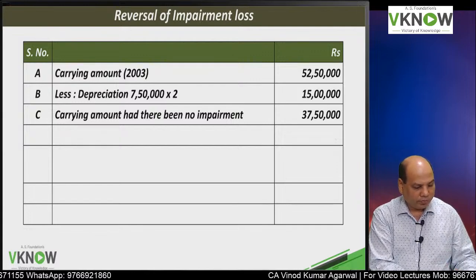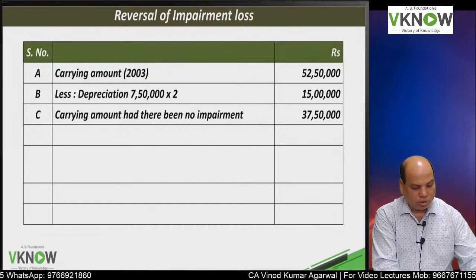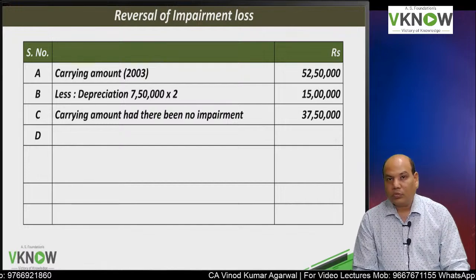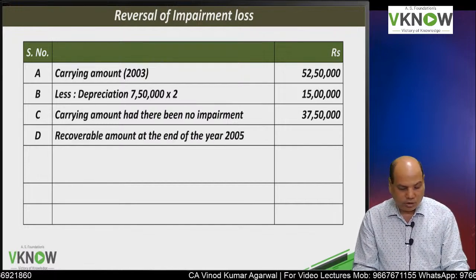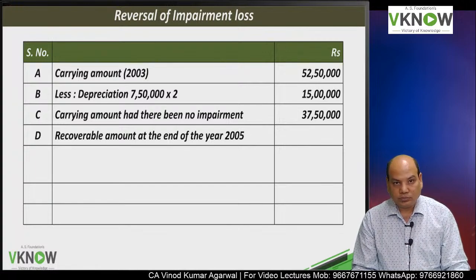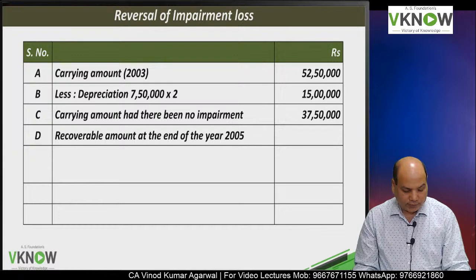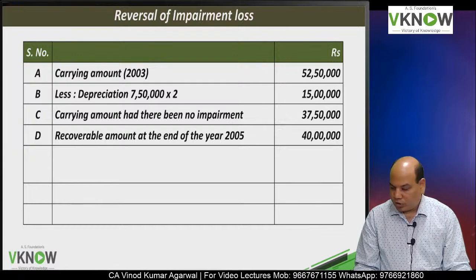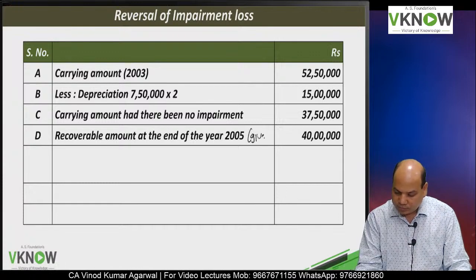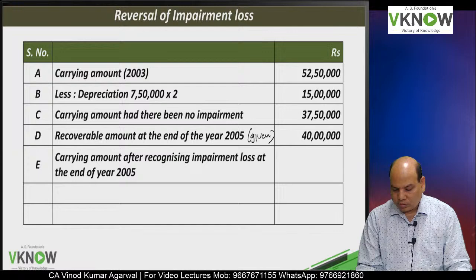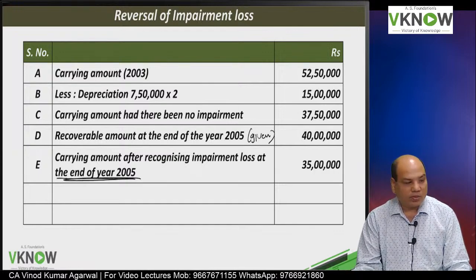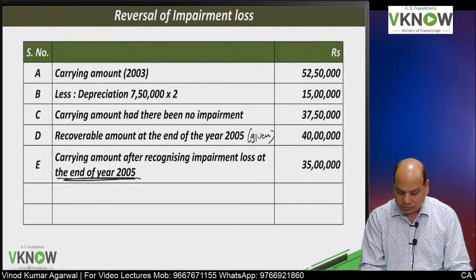Carrying amount had there been no impairment, 37 lakh 50,000. Recoverable amount at the end of year 2005 is already given. Recoverable amount, write in bracket here, given, 40 lakh, and the current carrying amount, actual carrying amount appearing in the book, 35 lakh.